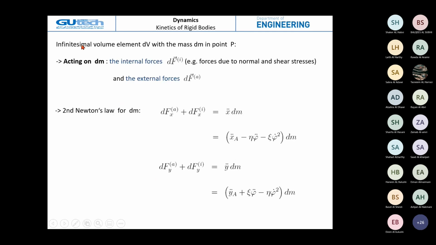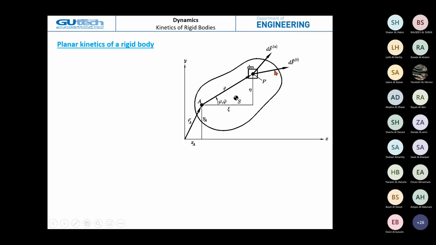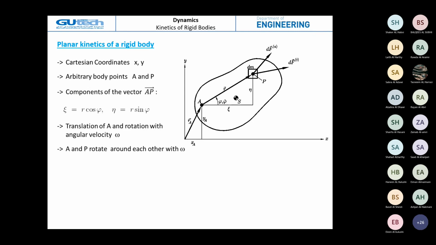Now we take an infinitesimal volume element dV with mass dm at point P. We take this dm with infinitesimal mass, and after this we can integrate to get the whole body. Now the mass m, of course, has the velocity, the volume.